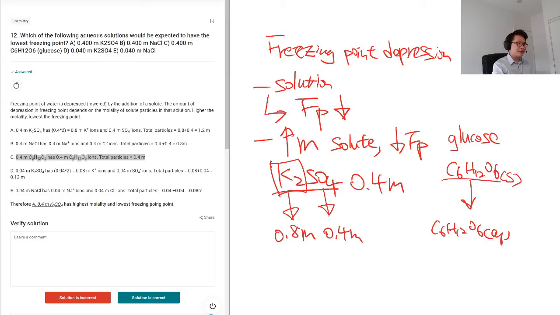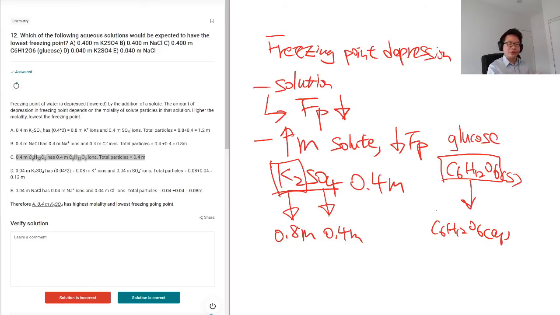For the glucose molecule, what it's going to do when dissolved in water is this: first of all, solid glucose is a crystal. This crystal contains many glucose molecules stacked together to form the crystal. But when they dissolve in water, each individual glucose molecule is surrounded by water, so they form a hydration shell and are dissolved.